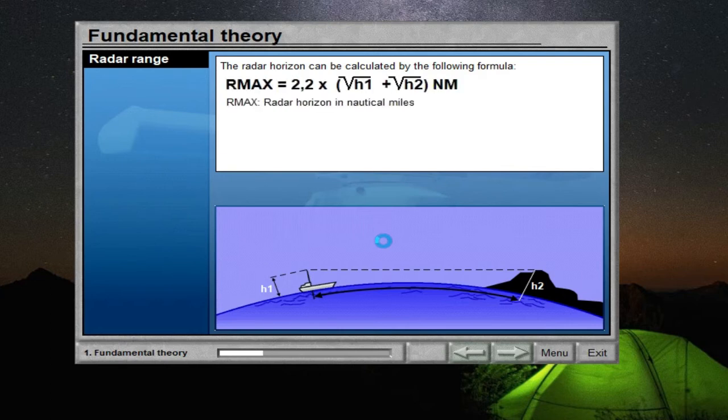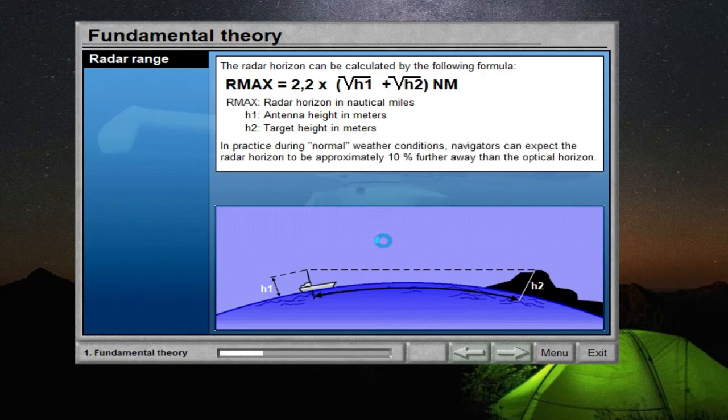Where Rmax is radar horizon in nautical miles, H1 is antenna height in meters, H2 is target height in meters. In practice, during normal weather conditions, navigators can expect the radar horizon to be approximately 10% further away than the optical horizon.